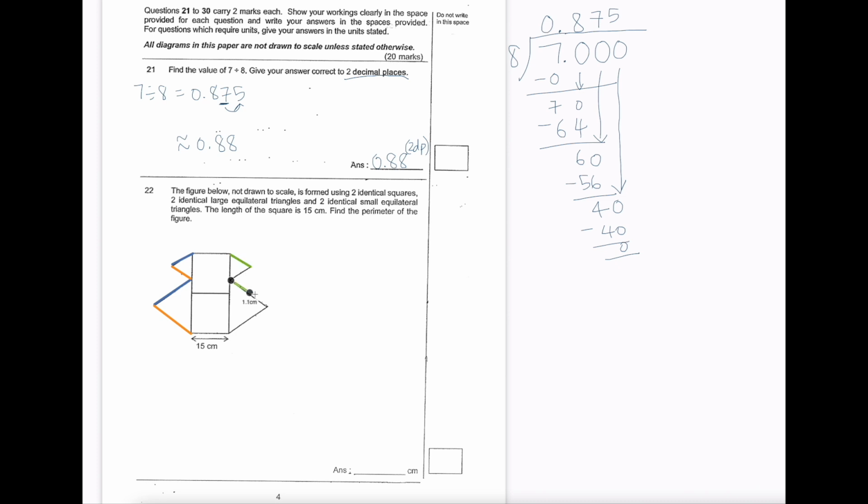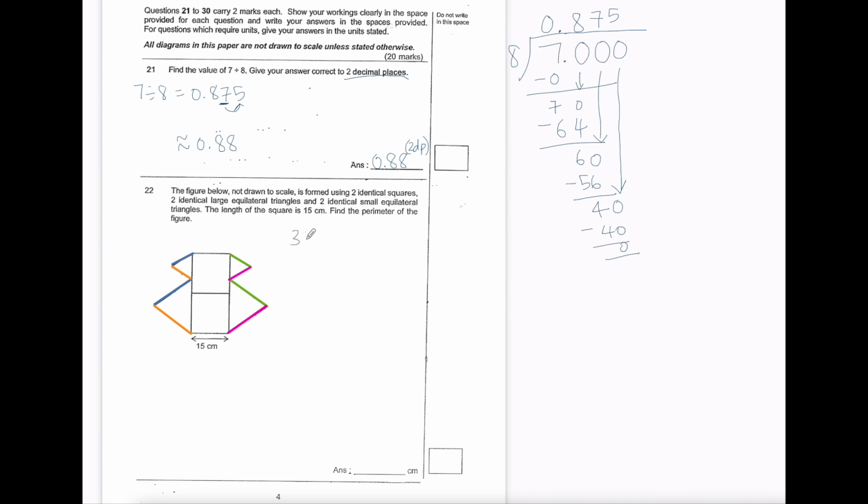Let's do it again. 1 small plus 1 large will give you 30. Do you understand? Do you see how I'm doing this question?